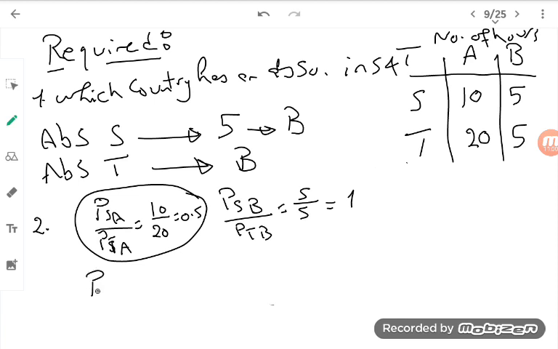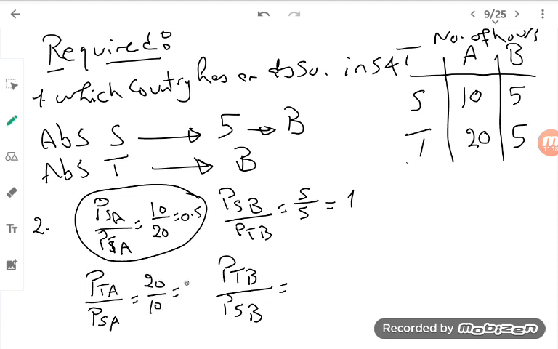With respect to textile, we have to calculate the relative price of textile in both countries. It's 20/10, which is 2, and 5/5, which is 1. So country B has a comparative advantage in the production of textile.